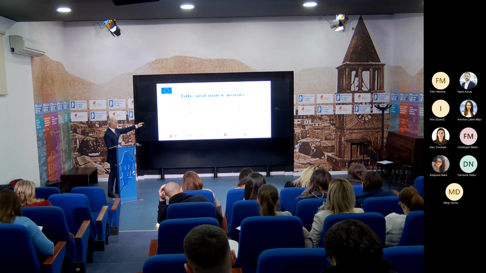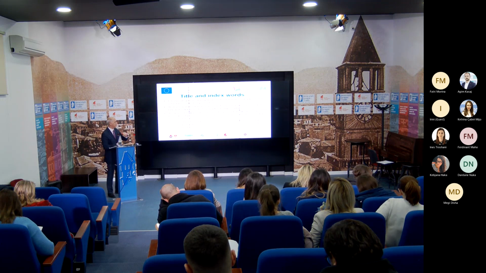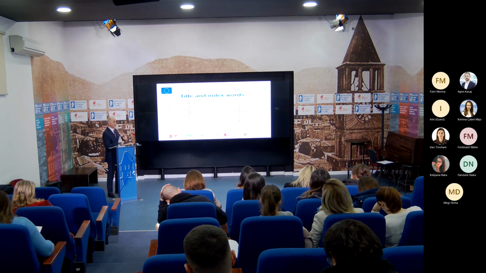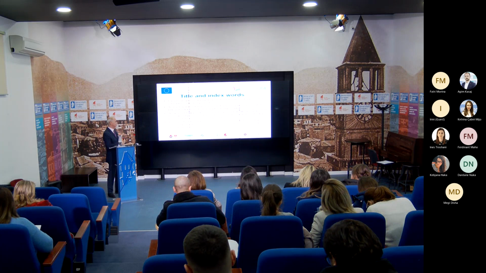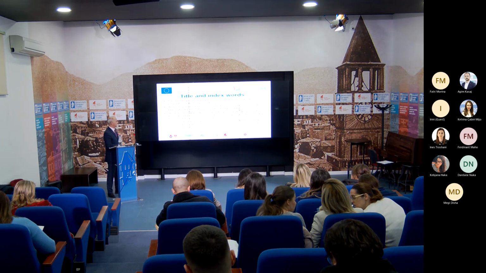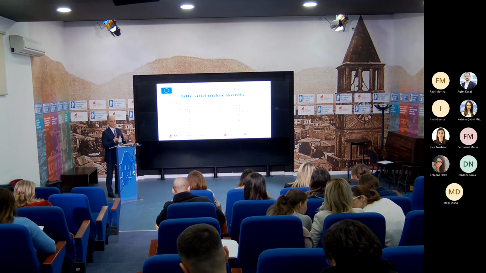It's important to get your title and index terms right, so that the article appears when other researchers, mainly international researchers, are conducting a search in your area of expertise. The idea is to be visible.